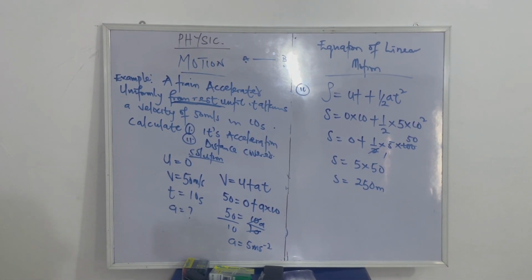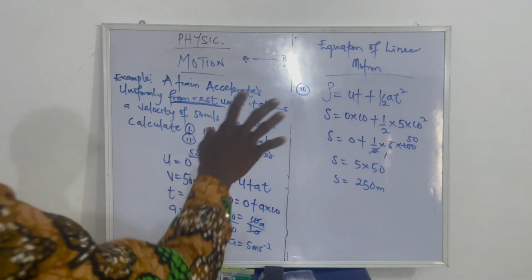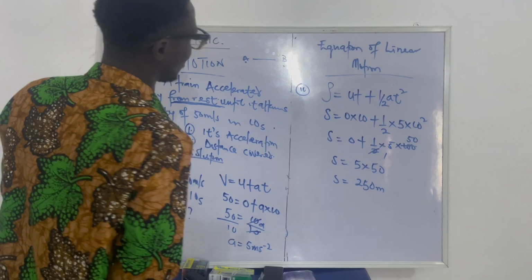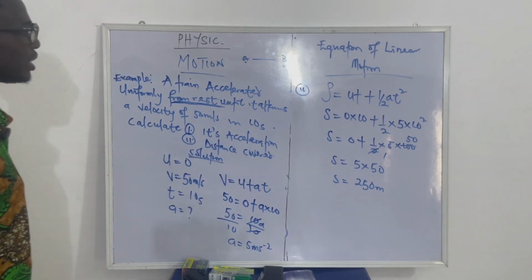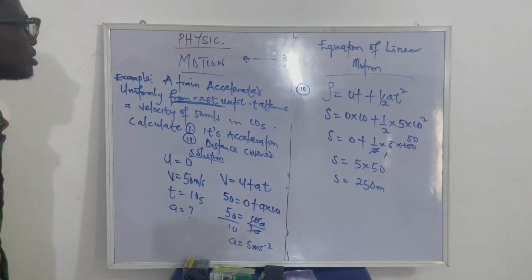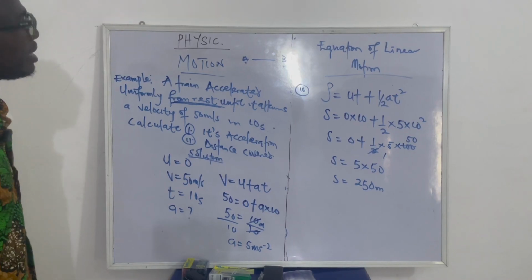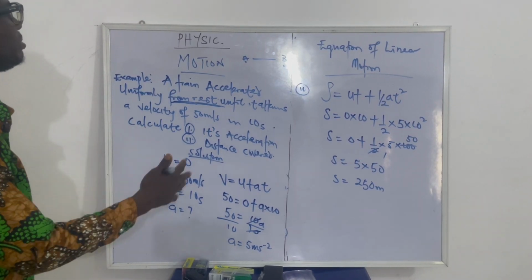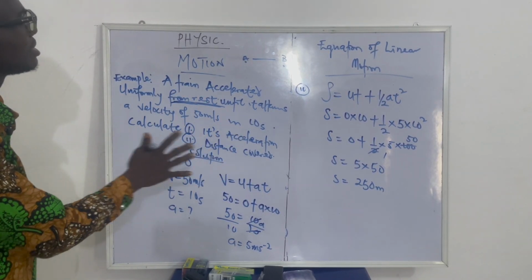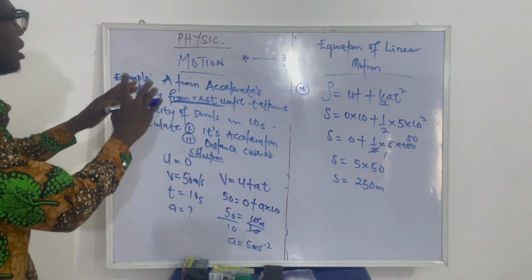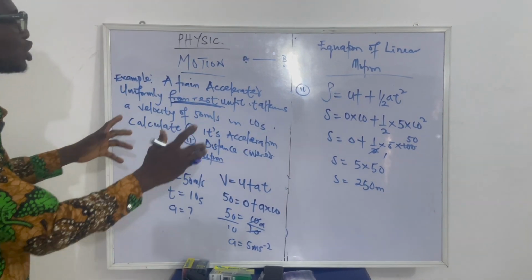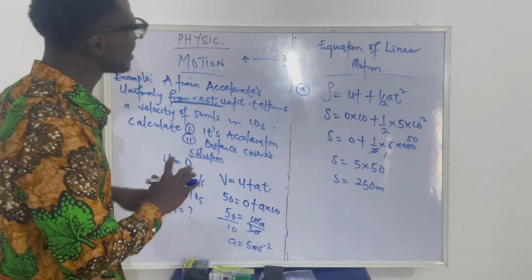Distance equals 250 meters. That's the final answer for this equation and for this question. I hope with this I've been able to establish the fact that acceleration questions revolving around motion are very simple.